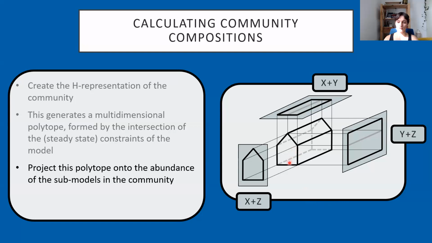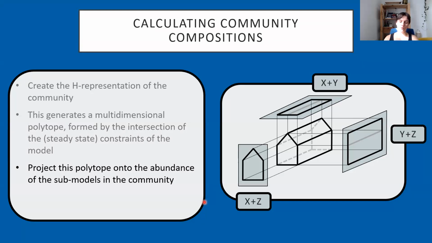So here in this example, we have 3 different methods, 3 options of projecting our 3-dimensional model onto a 2-dimensional space, depending on which dimensions we are interested in. In our case, we would project our multi-dimensional polytope onto the dimensions that contain information about the abundance of the members in our community.